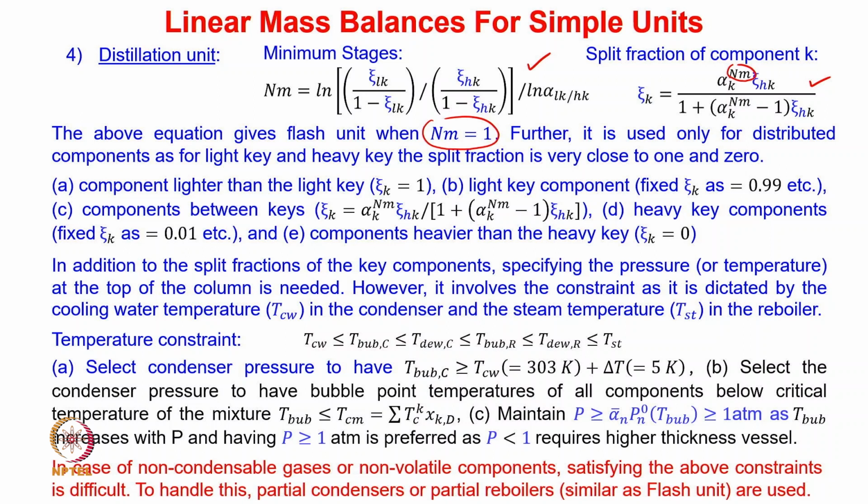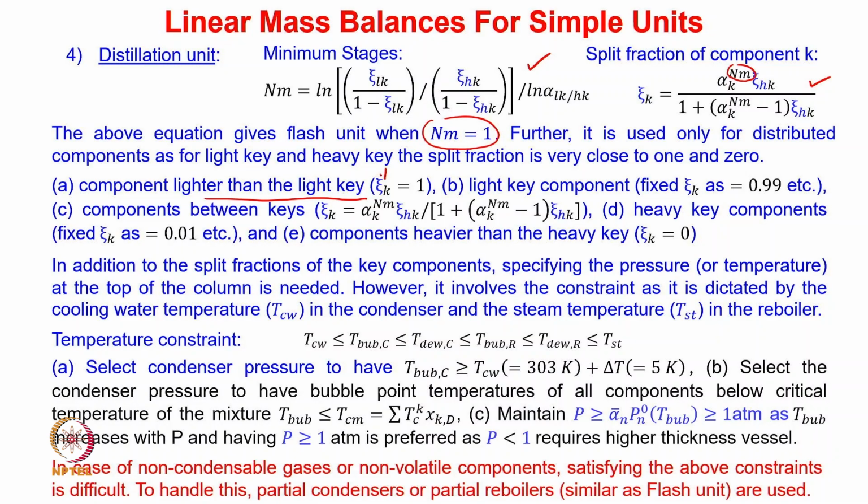Another important thing to note is that whenever we are doing the calculation for the distillation unit, we have specified zeta Lk and zeta Hk, which correspond to the light key component and the heavy key component. So for anything lighter than the light key, we take zeta k equals 1, so we don't need to worry too much about those components. For the light key component, this value has to be specified by the user.